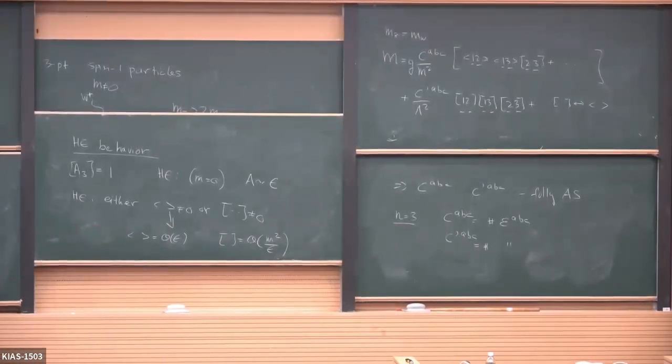So you can ask the question, let me just take 3 more minutes: what do I really mean by the high energy limit when I'm talking about 3 points? In 3 points, there is no high energy limit. If this is a physical amplitude and I have a Z going to 2 W's, if the Z is sufficiently massive, then the highest energy in the game is the Z mass, right?